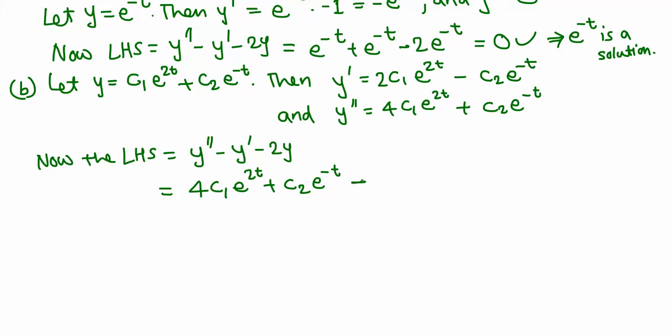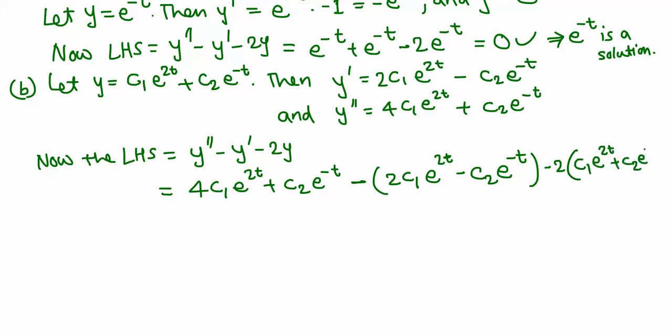Whenever we see minus, we need to put parentheses around, because we need to later distribute this negative 1. Minus y prime is here, 2c1 e raised to 2t minus c2 e raised to negative t, minus 2y. Again we need to put parentheses around, because we need to distribute this negative. We did not care for the first term because there is plus 1 and it does not change any sign. So minus 2y, y is here, c1 e raised to 2t plus c2 e raised to negative t.